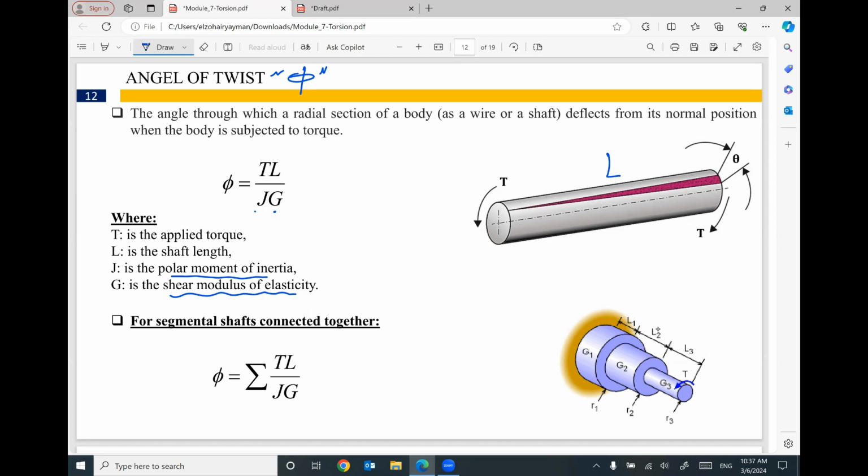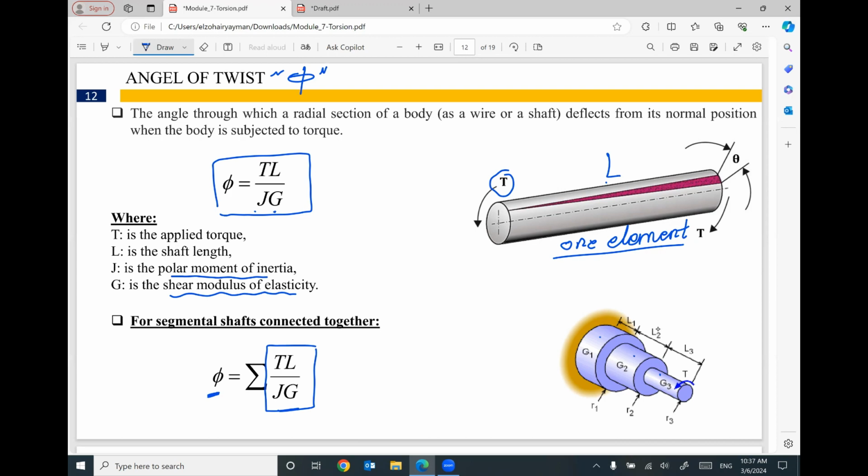If we have only one element, one part with a length L and applied torque T, the angle of twist equals TL divided by JG. But if we have many parts or many values of applied torque, the final angle of twist equals the summation of TL divided by JG for each segment.